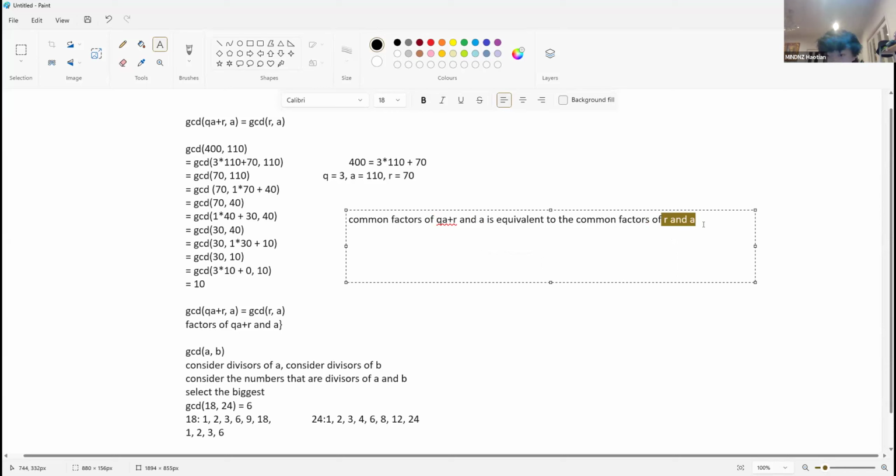And the biggest number is the GCD. So that means the GCD is exactly the same. Does anyone have any questions?